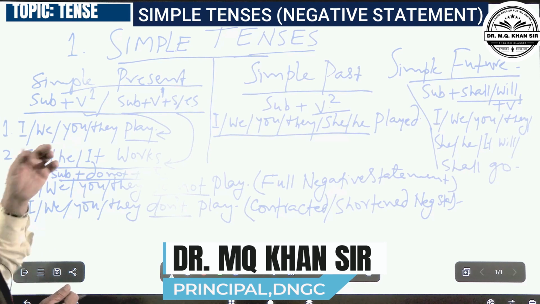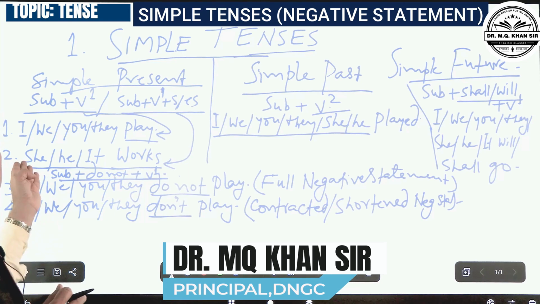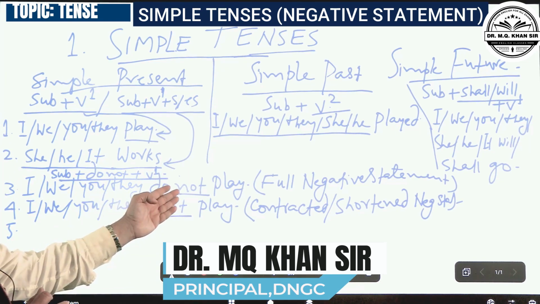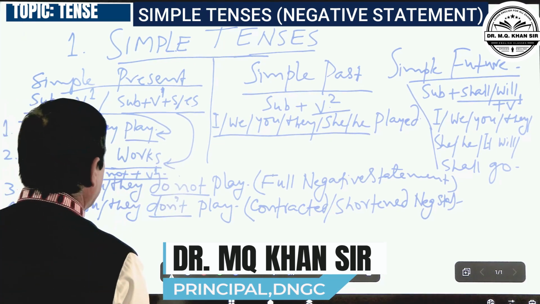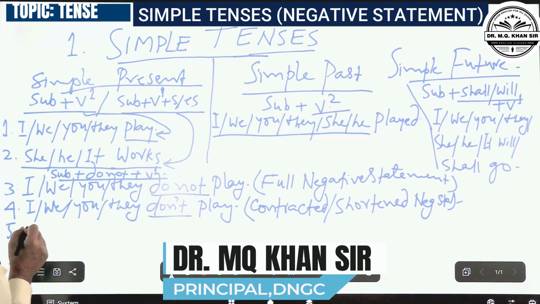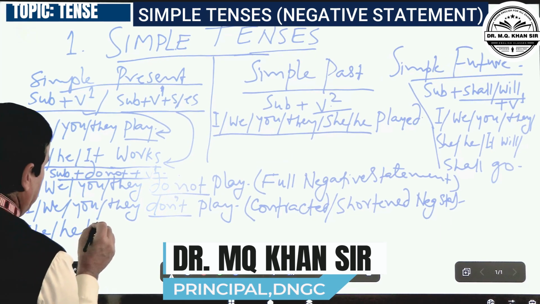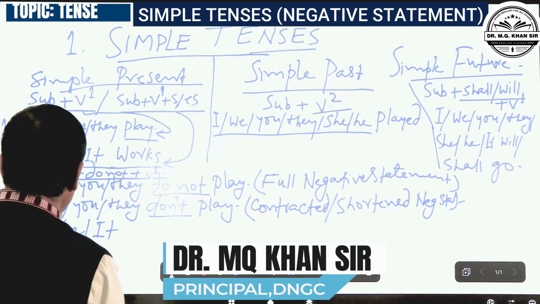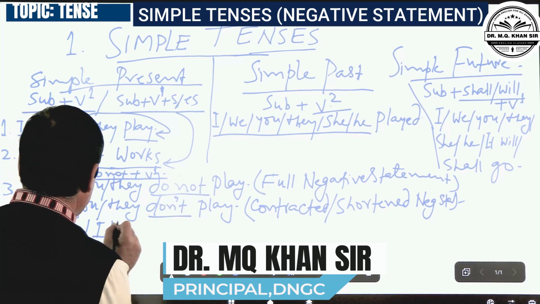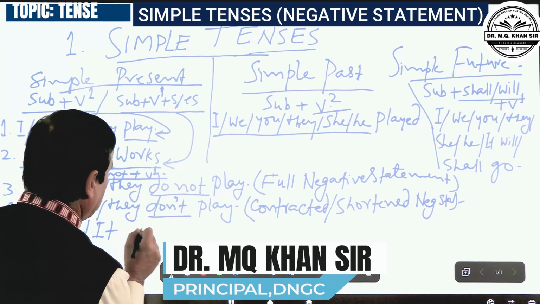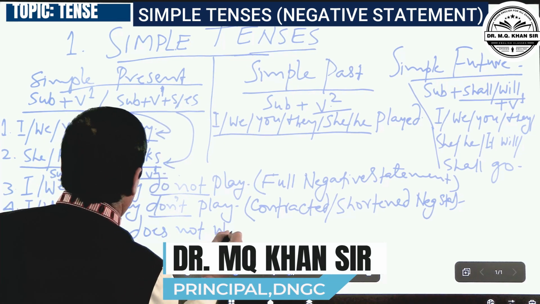Look for other example now, sentence number 5. Suppose subject is the third person singular number. Then we cannot use do. Here in place of do, what will come? If subject is third person singular number, like she, he, or it, then it becomes not do, it will become does. So she, it, say, does not work.